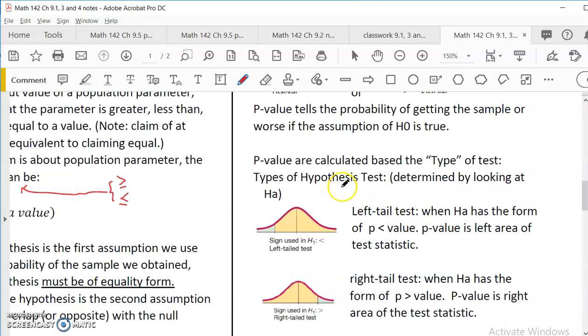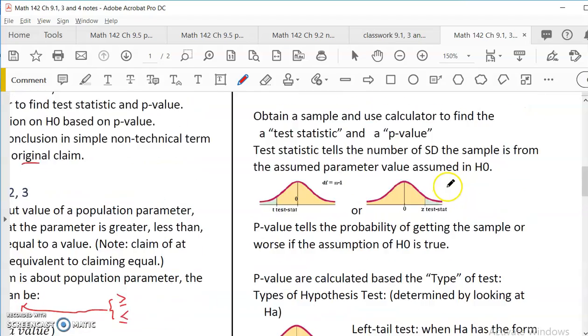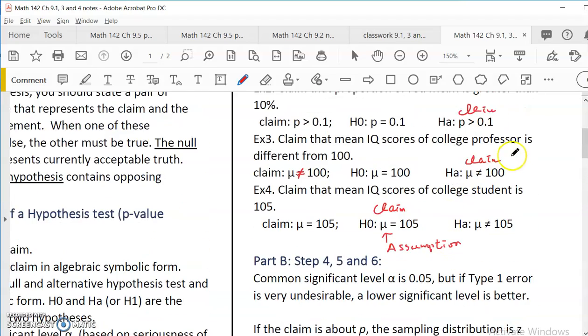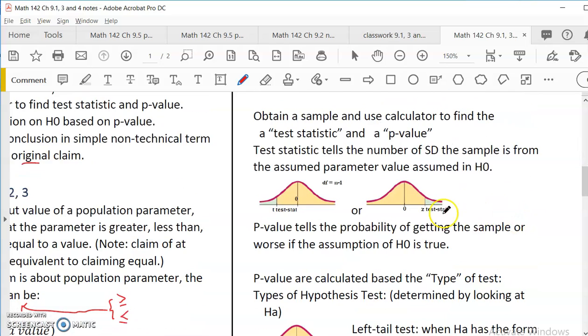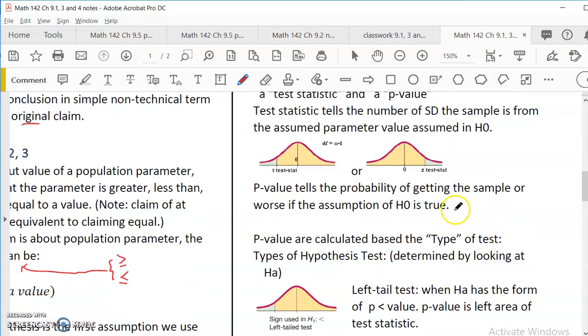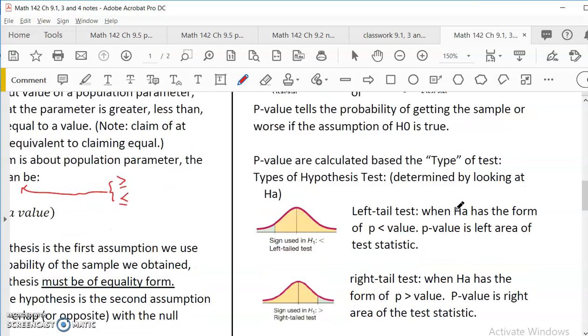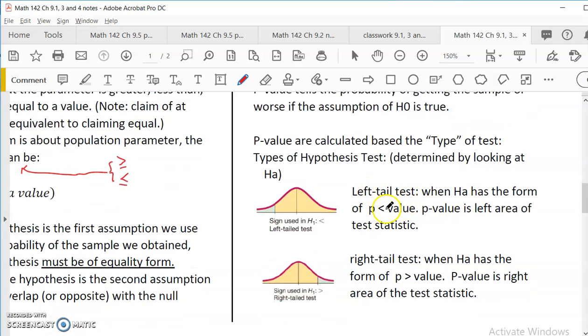And then another term that shows up is types of tests. Because your alternative hypothesis can be greater than, less than, or not equal to, we have three types of tests that document the alternative hypothesis. One is called a left tail test if you are talking about less than.